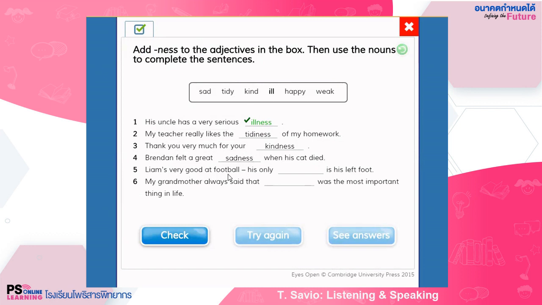Liam's very good at football. His only weakness is his left leg. My grandmother always said that happiness was the most important thing in life.